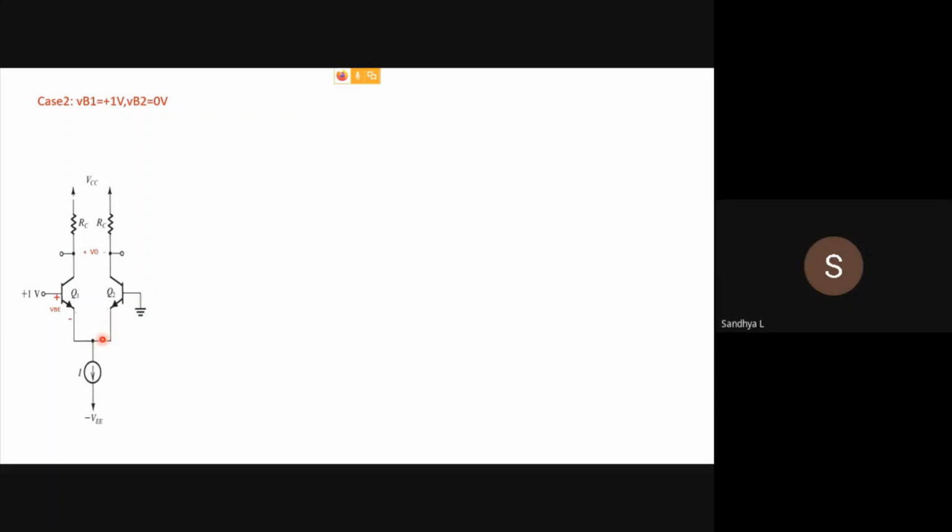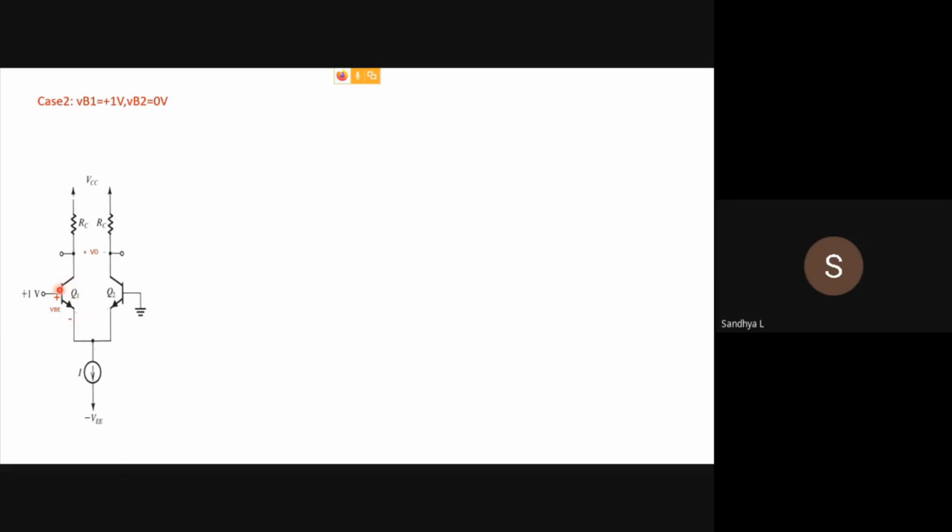The voltage at the emitter is 0.3, the voltage at the base is 0. So 0 minus 0.3 is minus 0.3. When minus 0.3 volt is applied to the base emitter of Q2, Q2 is naturally off because it is an NPN transistor. So Q2 is off, Q1 is on.